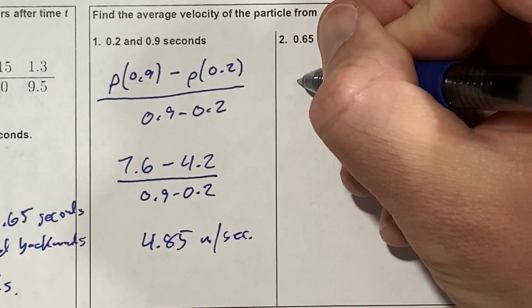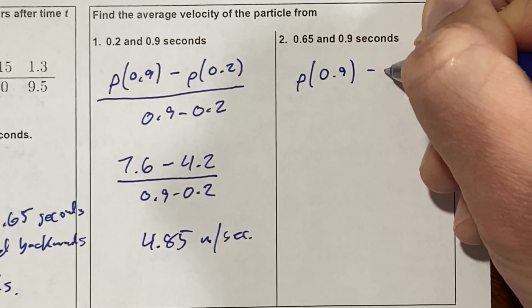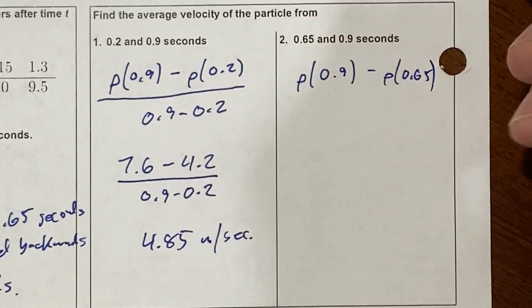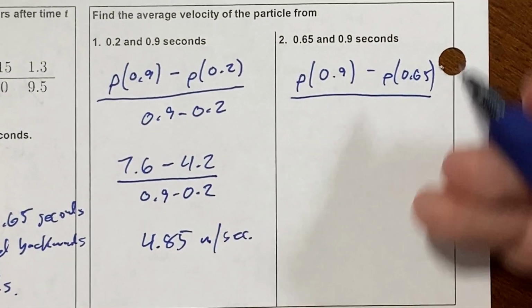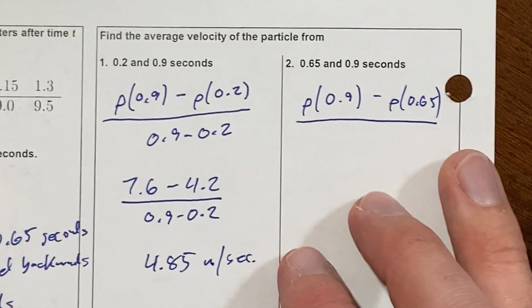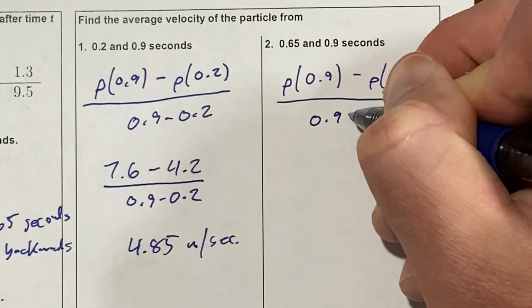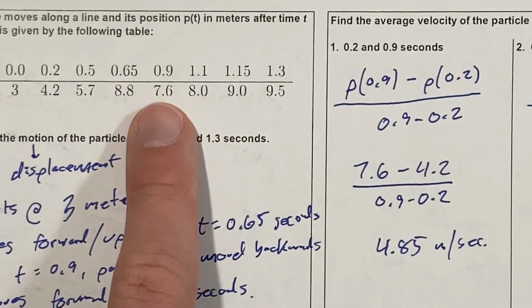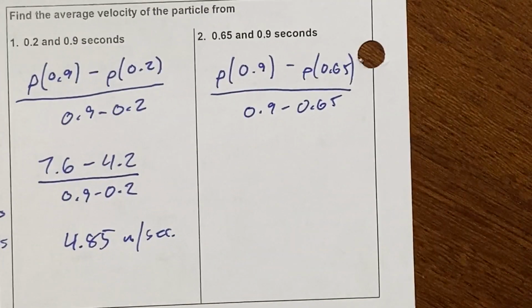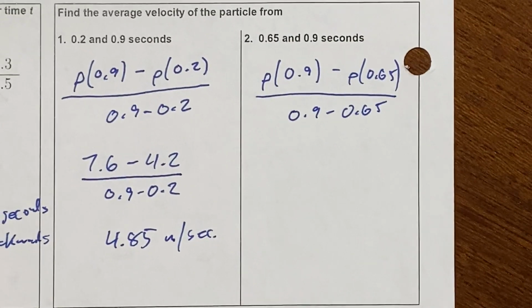Okay, so you should have written it as P of 0.9 minus P of 0.65. And when we come over here to the chart, first we've got to write our time, sorry. So this would be 0.9 minus 0.65. When I come to the chart for 0.9, I see 7.6. And for 0.65 is 8.8. So let's write that.